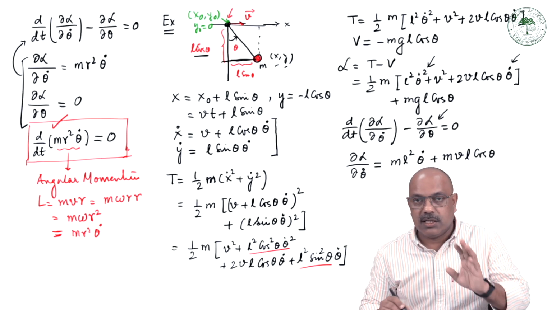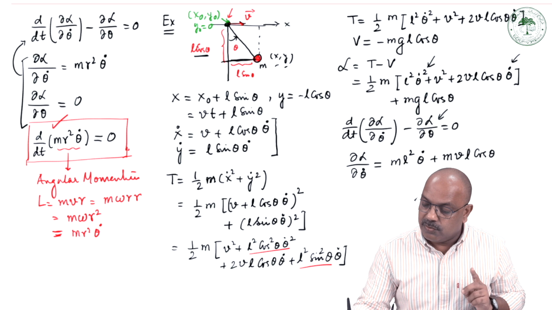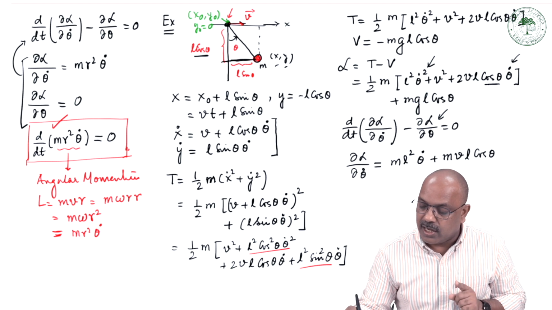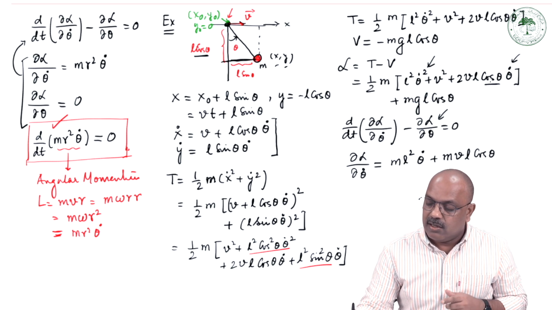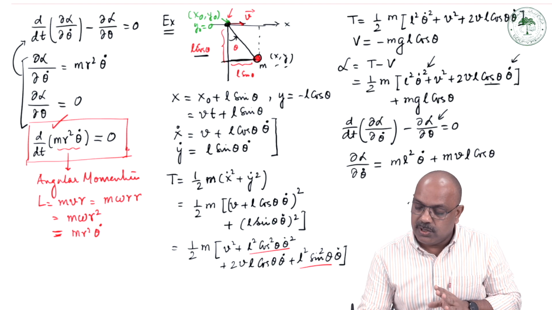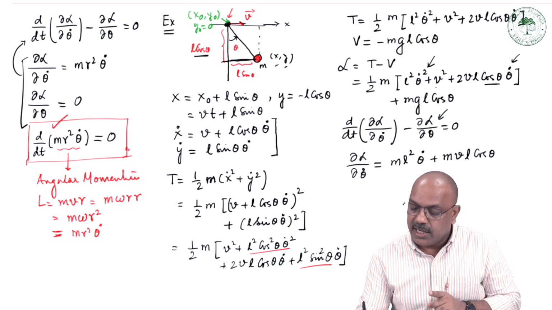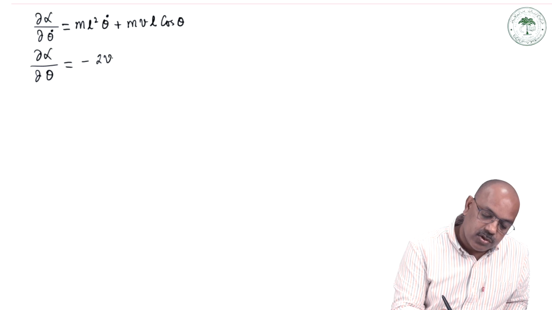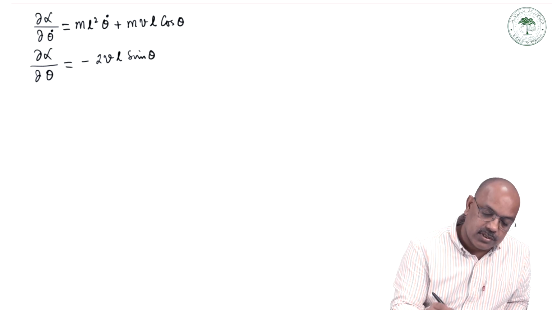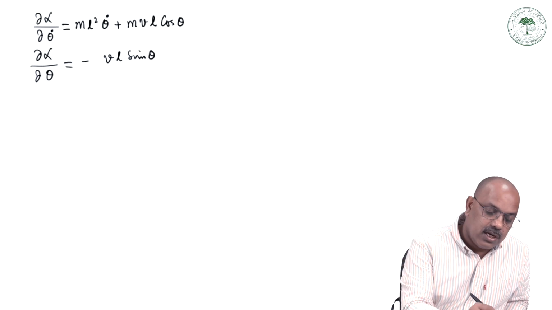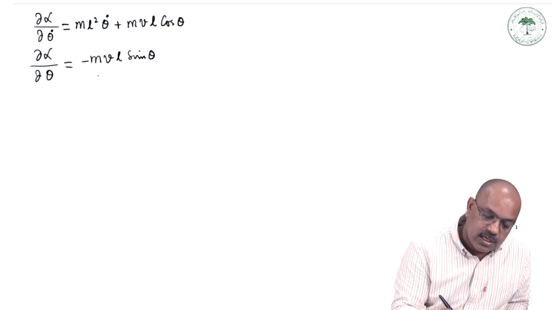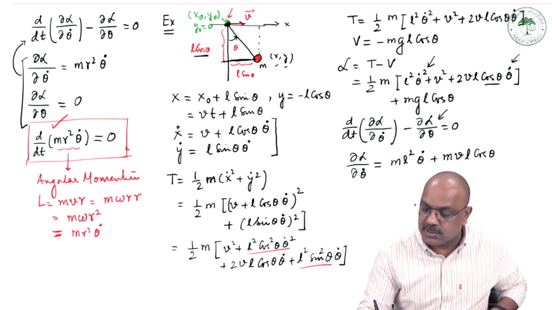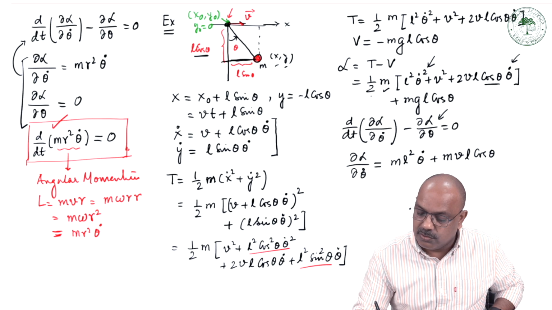So for ∂L/∂θ, you see the Lagrangian. Theta is coming here, so I have twice vl times minus sin θ. So the first term is minus twice vl sin θ. Twice will not be there because m will cancel out, and I'm going to have mvl sin θ θ̇, because m is here, so 2 will cancel out.